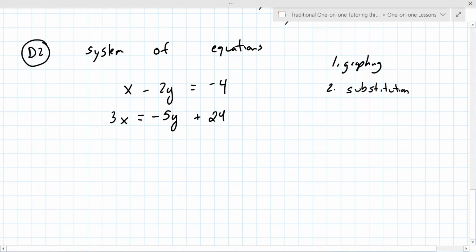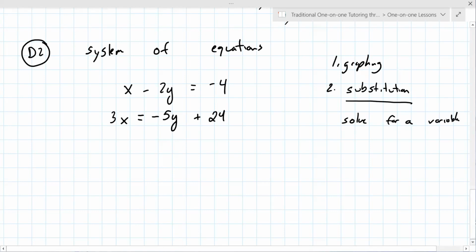And that's kind of what you're talking about right there. Yeah, it's like x minus 2y equals -4. So when you use substitution, you actually want to solve for a variable.